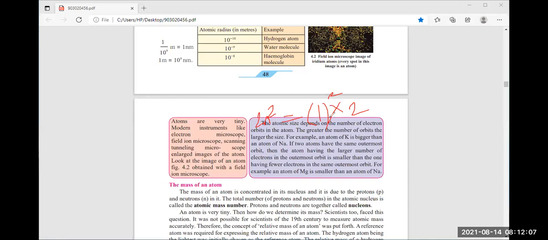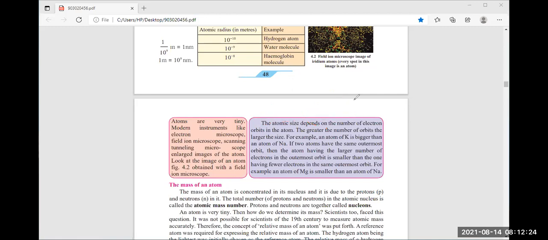Then 2 into 1 will get the 2. For L shell, n's value is 2. Then 2 square is 4. 4 into 2, 8. Then for M shell, n's value is 3. 3 square, 9. 9 into 2, 18.